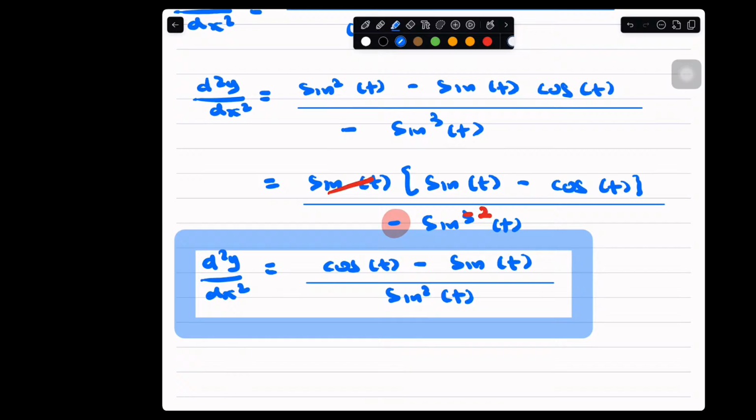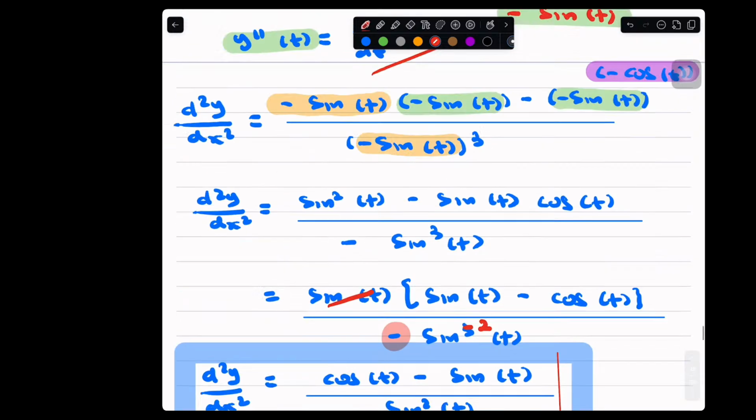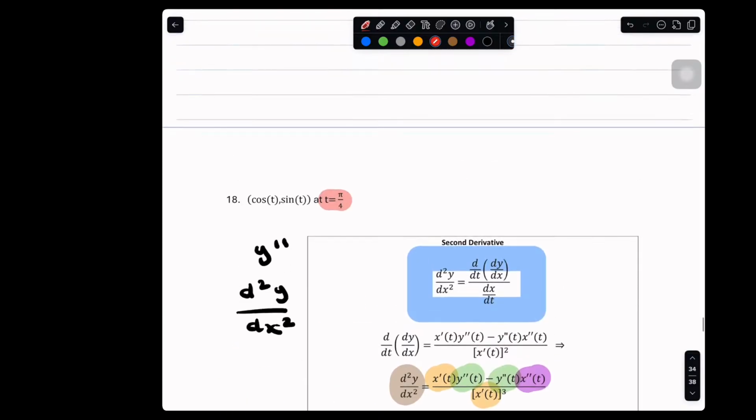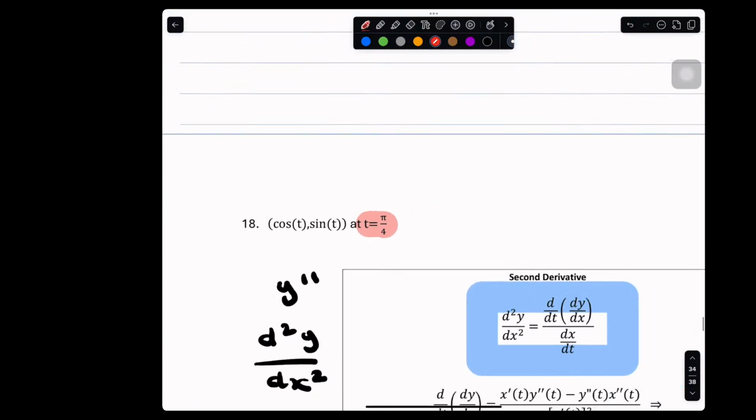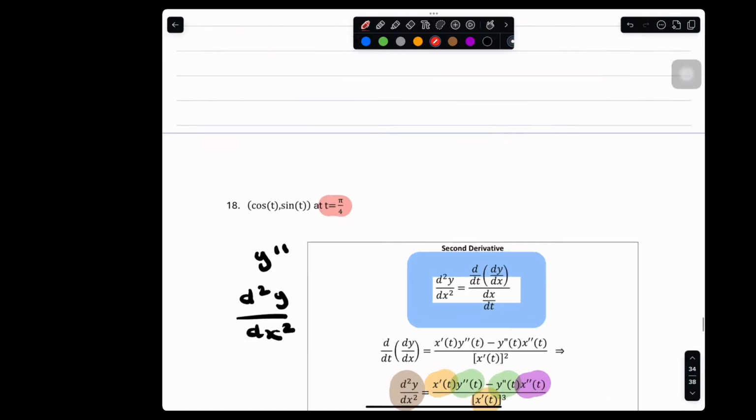Now, let's double check. We got to evaluate this now. That t is going to equal pi over 4, I believe. Yeah. All right, second derivative at pi over 4.